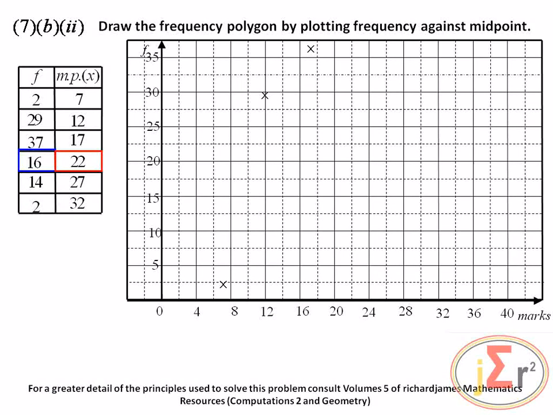And all the way up to 22. And all the way up to 16. In the other one, 27 and all the way up to 14. Finally 32, and we'll go up to 2 in this particular case.